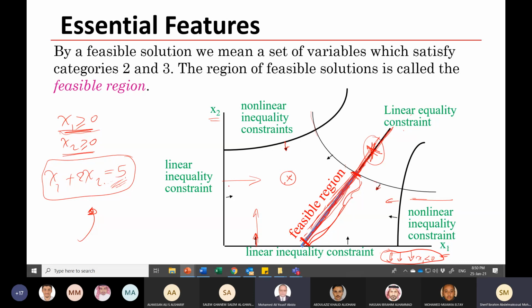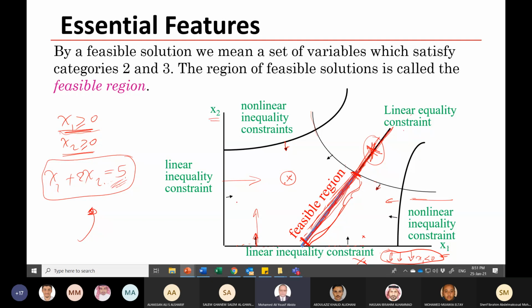x2 is greater than 0. So this is x2. Here x2 equals 0, here x2 is greater than 0, here x2 is lower than 0. So this is an infeasible region.